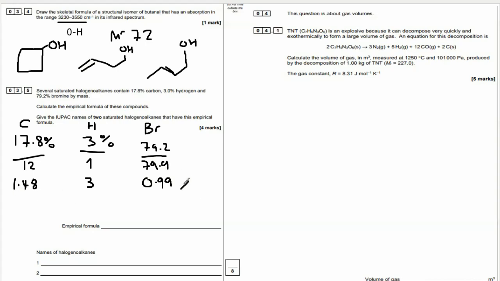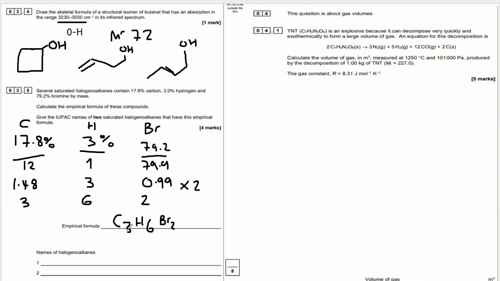So we multiply these roughly by 2, and that gives us 3, 6, a little bit of rounding, and 2. So our empirical formula is C3H6Br2. We couldn't leave it as 1.48 because we can't have 1.5. We have to put it into the simplest whole number ratio of elements in a compound. That is your empirical formula.